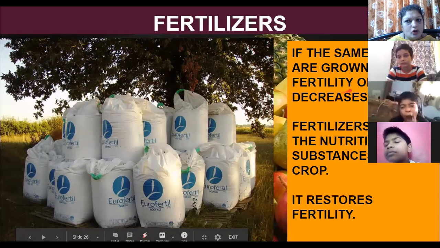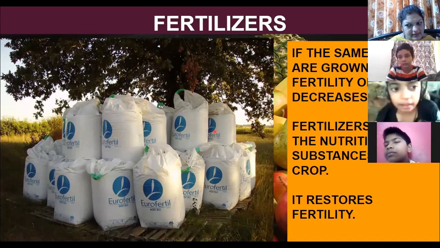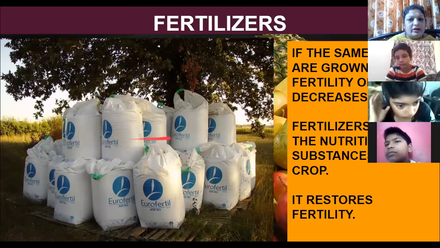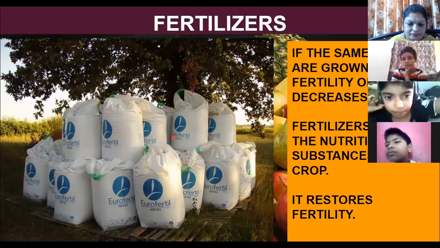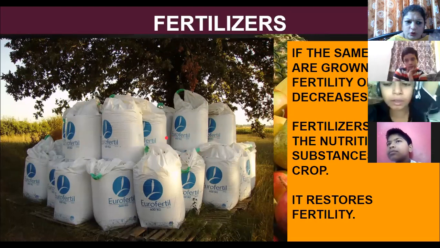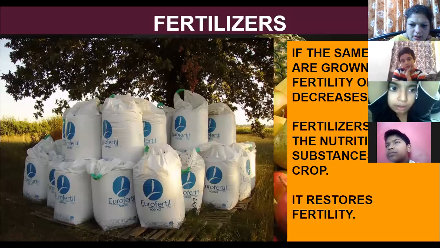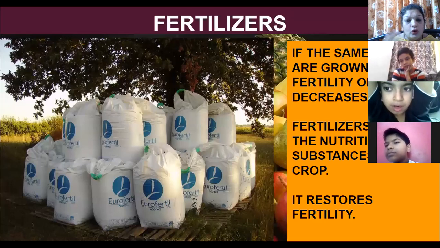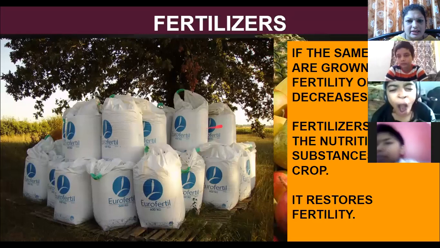If the same crops are grown, then the fertility of the soil decreases. Now what happens? Fertilizers provide the nutrition, or we can say provide nutritive substance to the crop. This nutrition which is provided to the soil will restore the fertility of the soil, and again you can grow good quality crops, and that's why fertilizers are used.